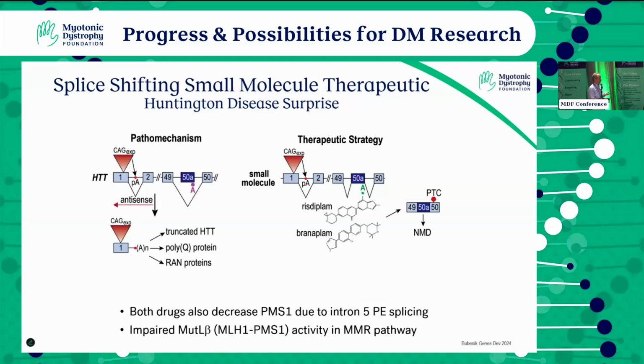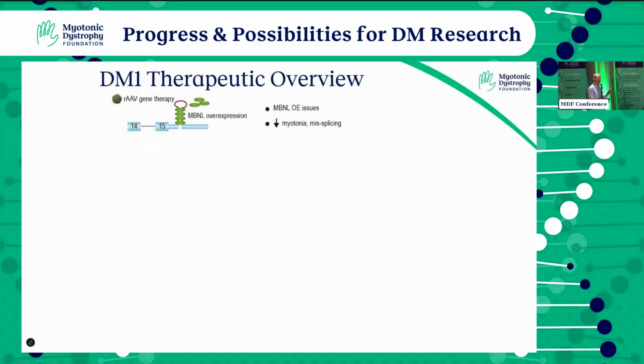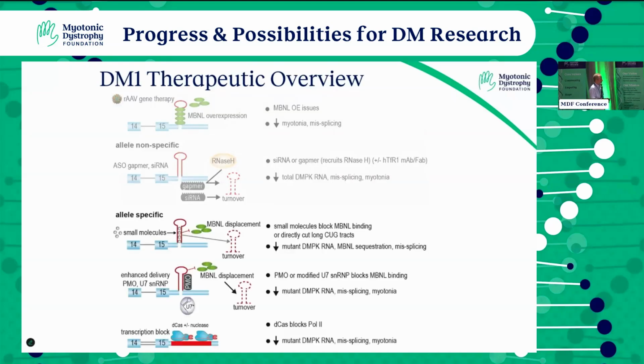So another possibility, but what I wanted to do is really introduce that from the concept that we haven't looked at the whole molecule space. We're focused on a particular aspect of the pathogenic pathway, and that's why I tried to bring it up initially. So anyway, the overview then, I'll just go through this quickly: allele nonspecific, allele specific, and what I haven't talked about is transcription blocks, but those are not close to clinic right now.